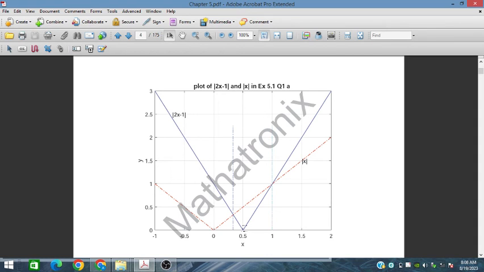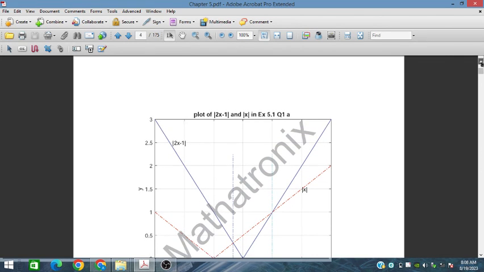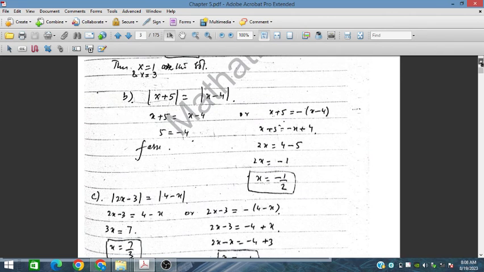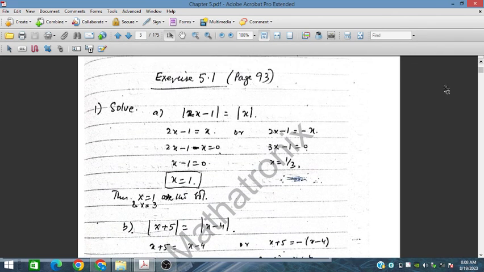When we substitute y equal to 0, then 2x - 1 equals 0, this is y as a function of x.